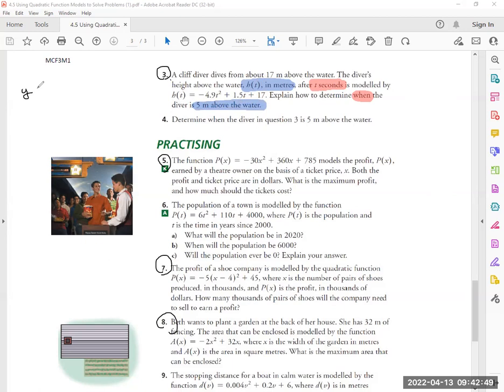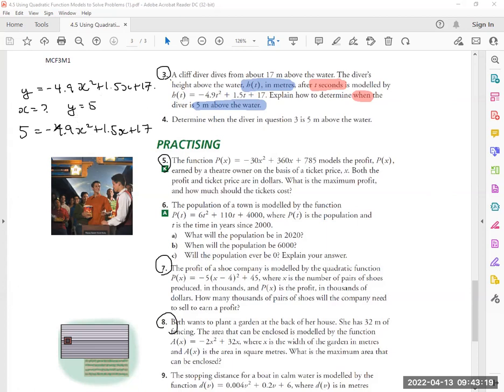If I say this is y equals negative 4.9x squared plus 1.5x plus 17, they ask for the x, and then the y equals 5. What would you do? Well, if you plug in 5 equals negative 4.9x squared plus 1.5x plus 17, you're trying to find the value of x.